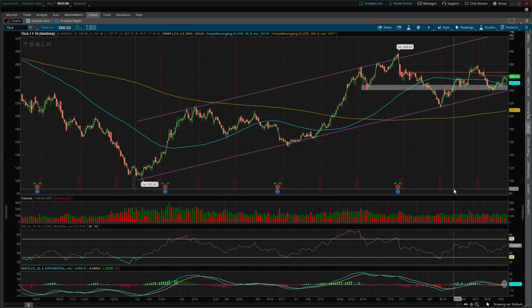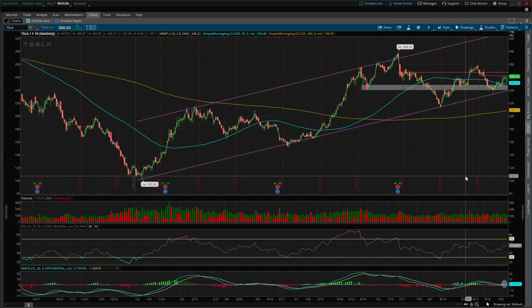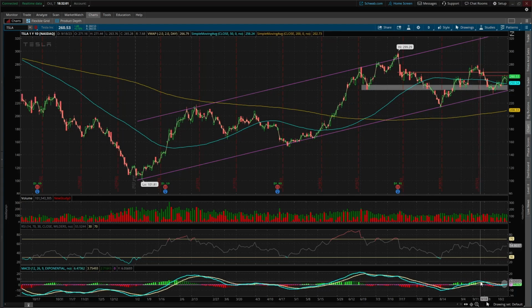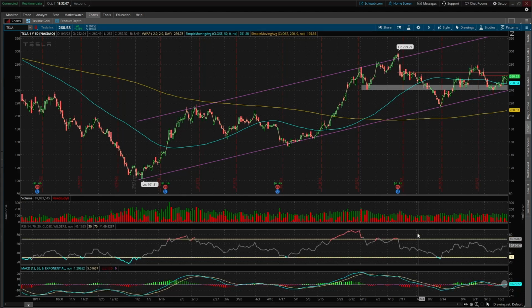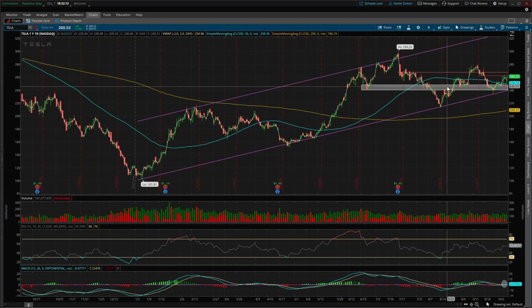It's an indicator based off volume: blue means more buyers, more buyer volume, and the yellowish line is the opposite, it's more sellers.